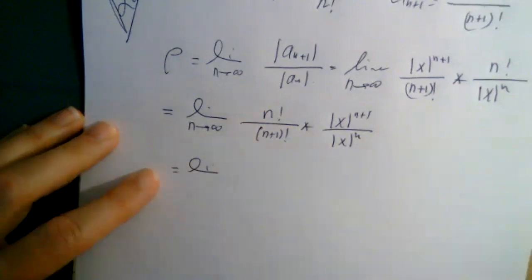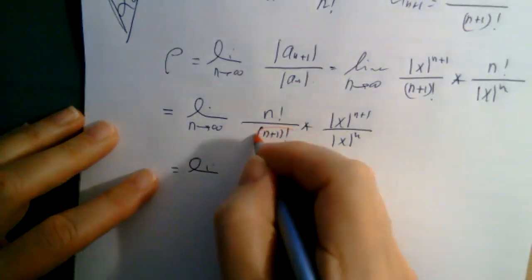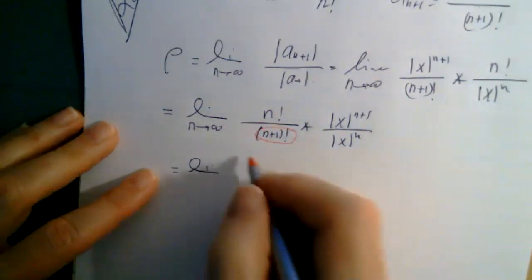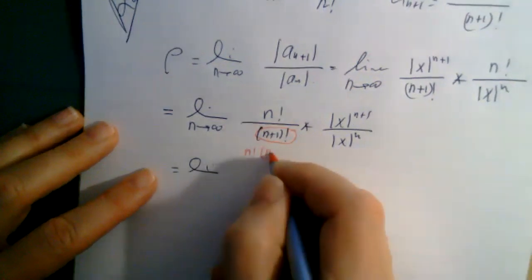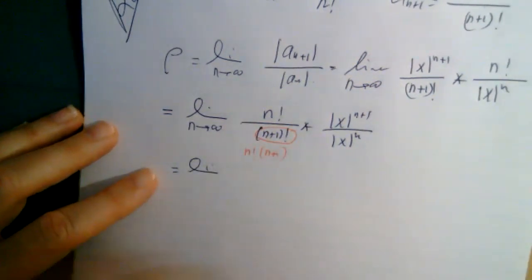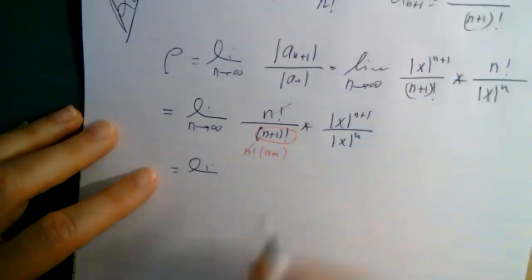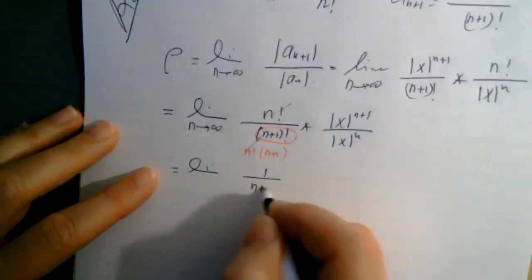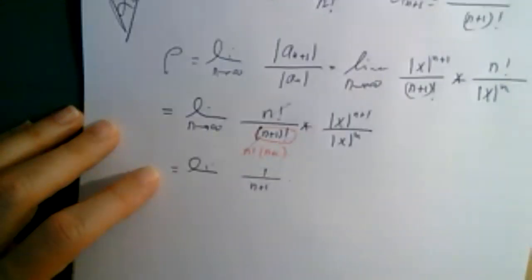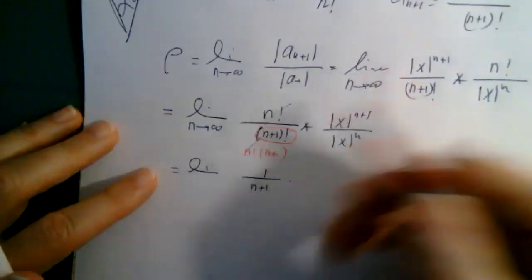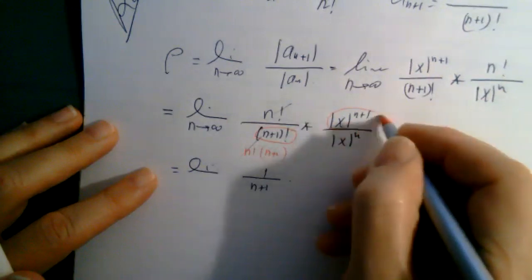Now, this one we've done. n plus 1 factorial is n factorial times n plus 1. We need that to be able to simplify. So n factorial simplifies, and I will be left with 1 over n plus 1. Now, what about here? Absolute x to the n plus 1, we've done this.